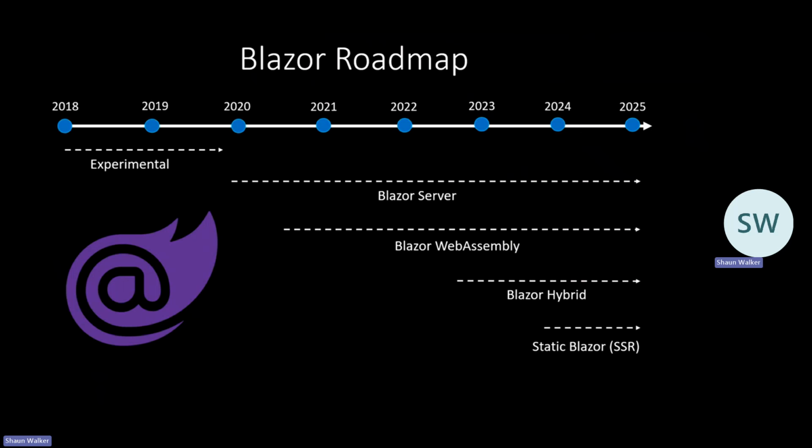We looked at the Blazor roadmap for a moment. As I mentioned, it's been around for 7 or 8 years. It was originally introduced in 2018, and at that time it was given an experimental label, meaning that Microsoft was working on it internally as a proof of concept. And they were trying to determine whether or not it was something that could be built into something more robust, that could be a go-to UI framework for developers in the .NET space.